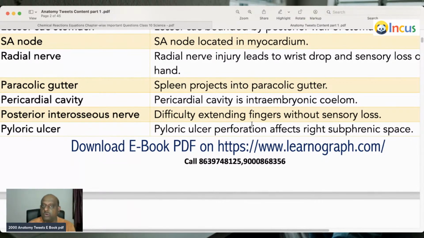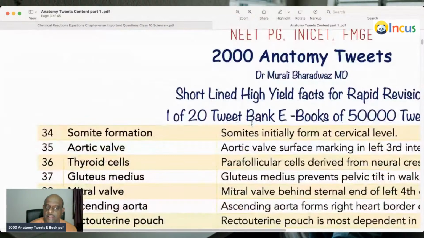Now, whenever a pyloric ulcer perforates, where will its collections go? They go into the right subphrenic space. Below the diaphragm, you have the right subphrenic space. So all the spaces, Morrison's pouch, everything you should know for tomorrow's exam.